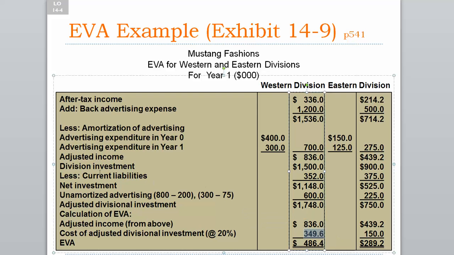Our adjusted divisional income was 836. 836 is greater than our cost of adjusted divisional investment return of $349, the difference being $486. That is our economic value added. With our assets, we've earned more return than our investors would have required.